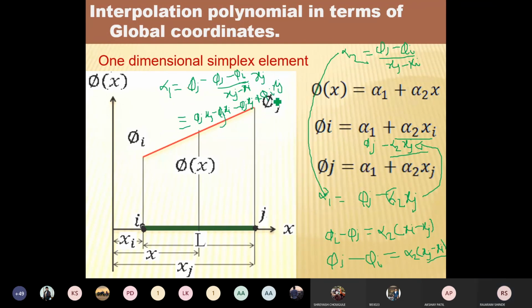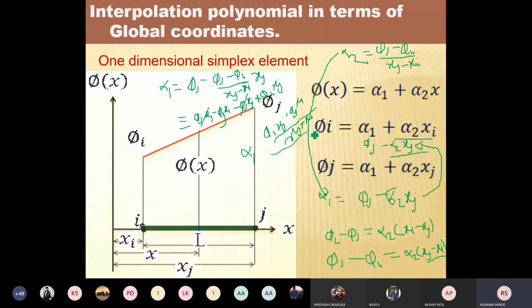Now this phi j xi will be cancelled with phi j xj, and the remaining term is phi i xj minus phi j xi, divided by xj minus xi. Now this is your alpha 1.